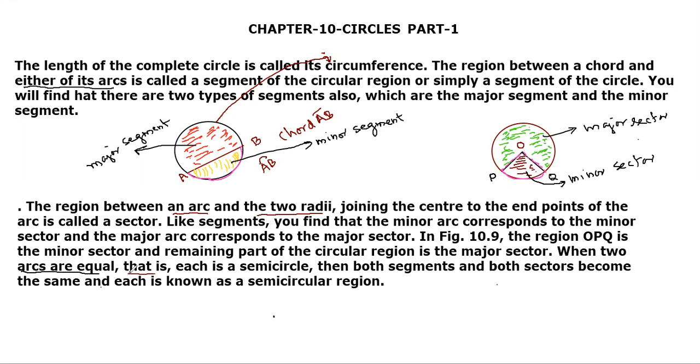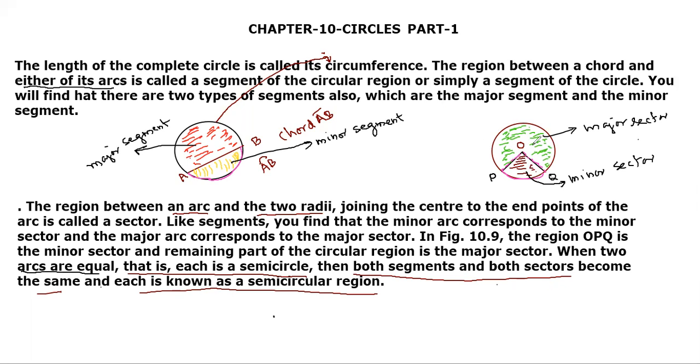When two arcs are equal, it is called a semicircle, and both segments and both sectors become the same, and each is known as a semicircular region. Instead of saying sector or any other thing, we have to say semicircular region.